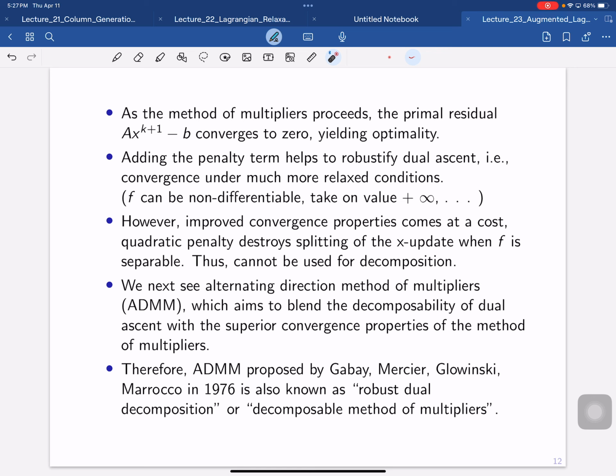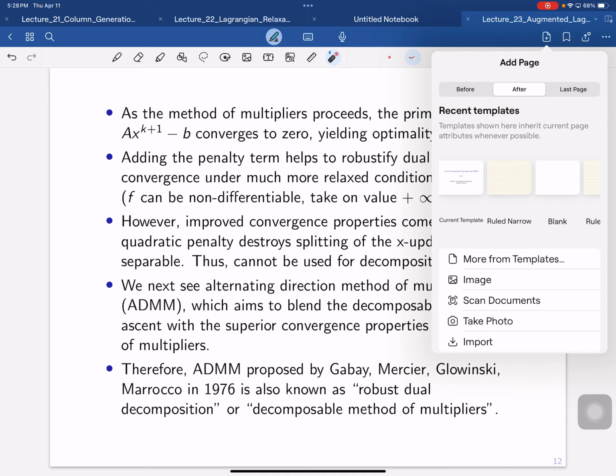So what I mean is that when you are doing Lagrangian decomposition, let's say you dualize the complicating constraints. Maybe let me show that real quickly.